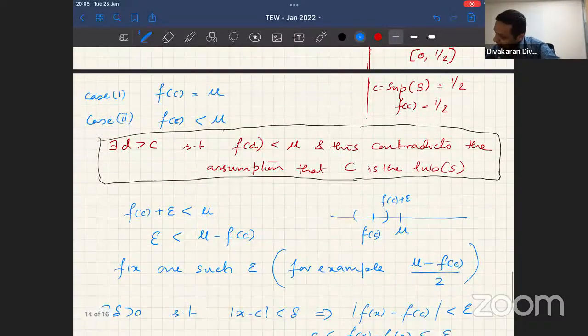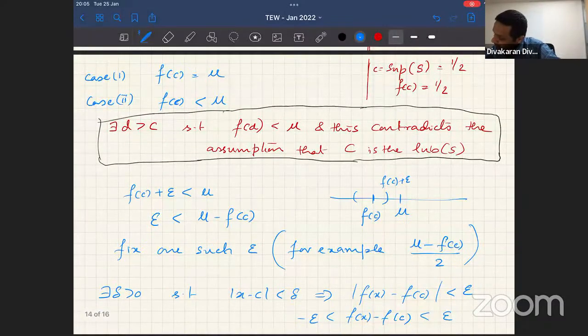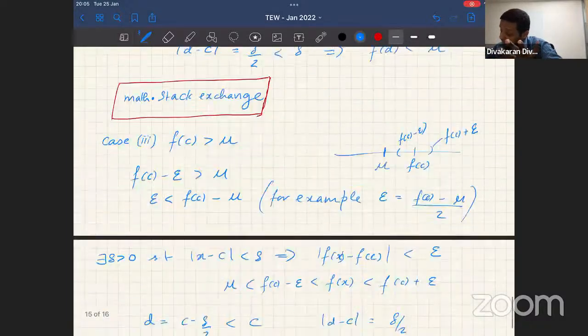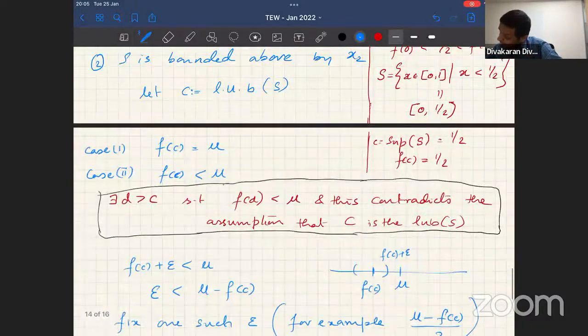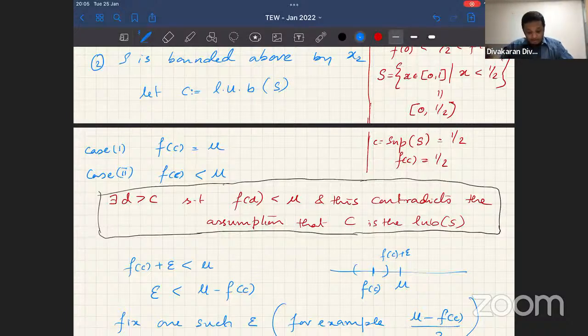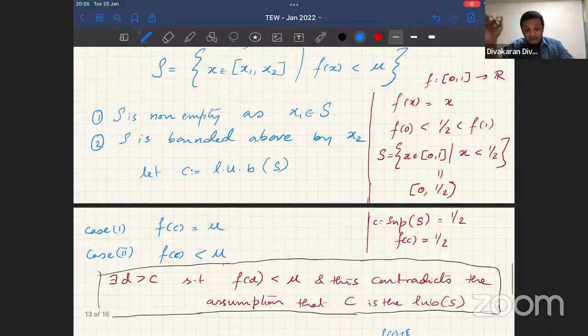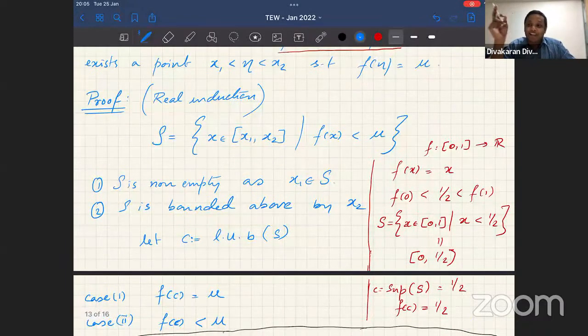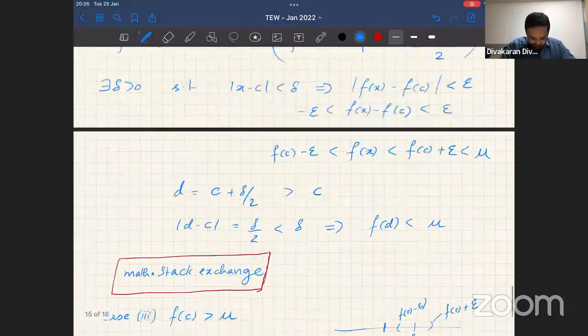Let's try to understand this clearly. This time we will not contradict that it is an LUB. We will actually contradict that it's an upper bound. So that's the kind of thing we should do.